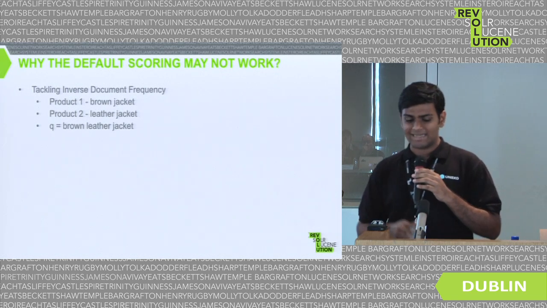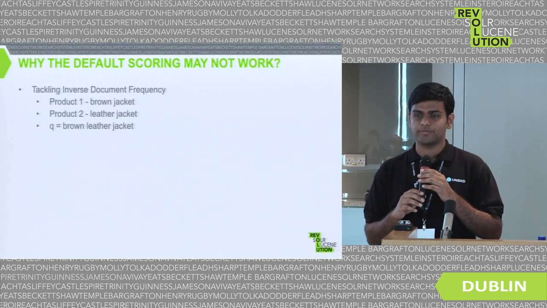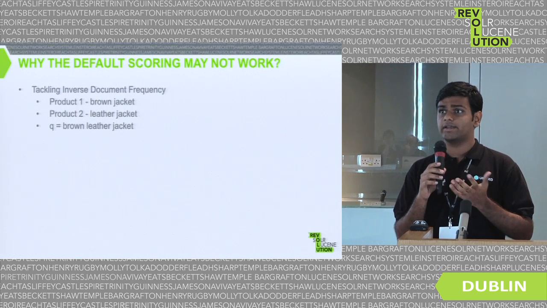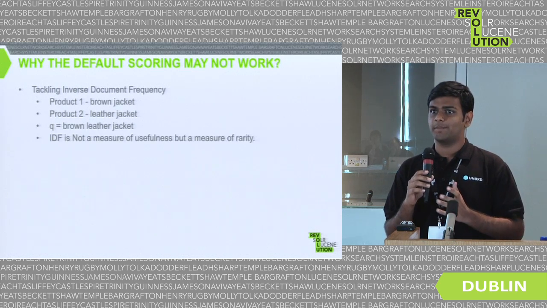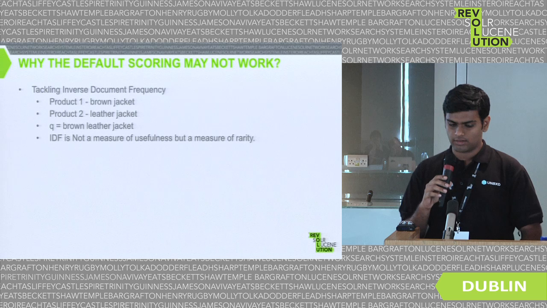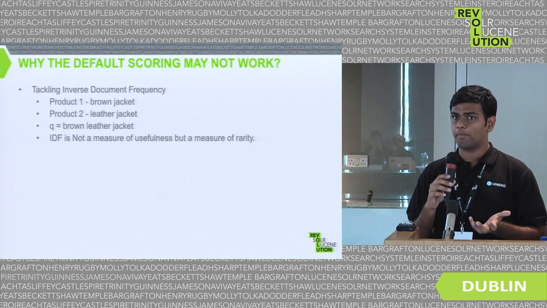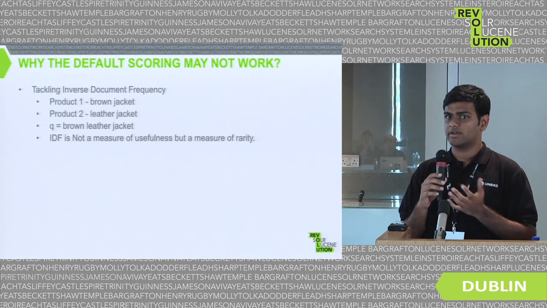So IDF is not a measure of usefulness, but it's a measure of rarity. So in this case, should IDF be the true judge in deciding whether brown is more important than leather, right?